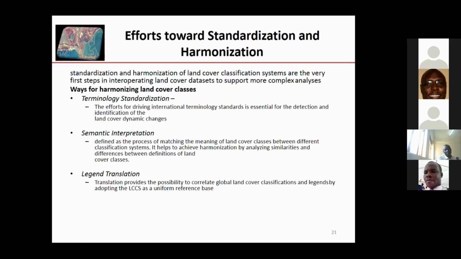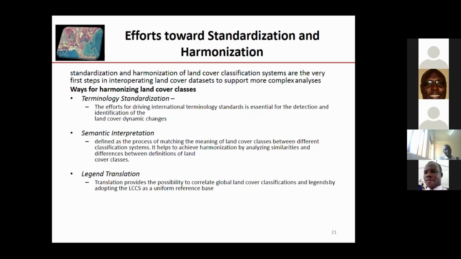For example, if someone defines that a forest is anything that has trees with a canopy above 4 meters, and another person has a standard that says a forest is anything that has trees above 2 meters, you need a way to semantically define these standards, and then you can match them.